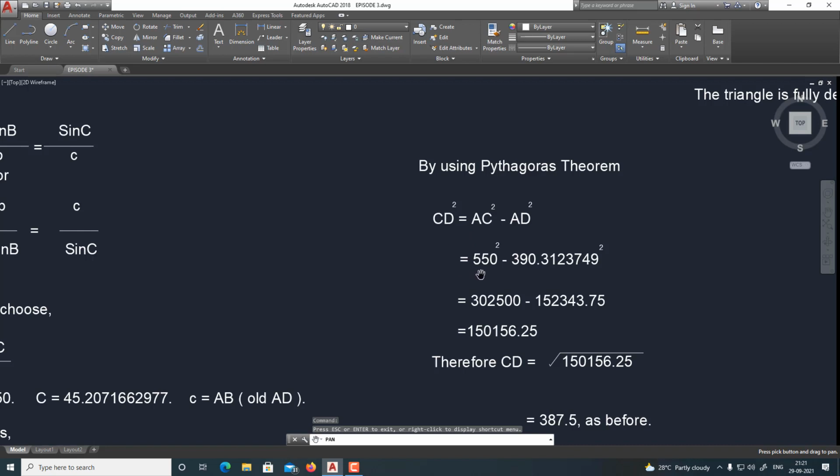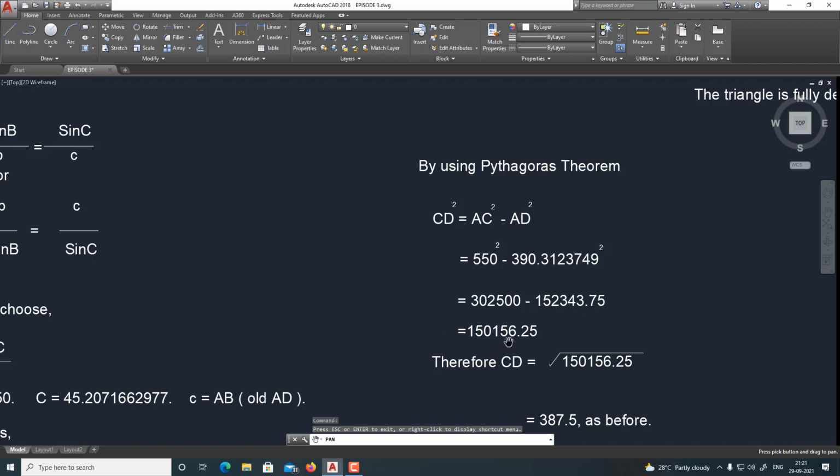So AC is 550. 550 squared minus AD we know, 390.3123749. We calculated this value already. So by squaring this we get 302,500, and by squaring this we get 152,343.75.